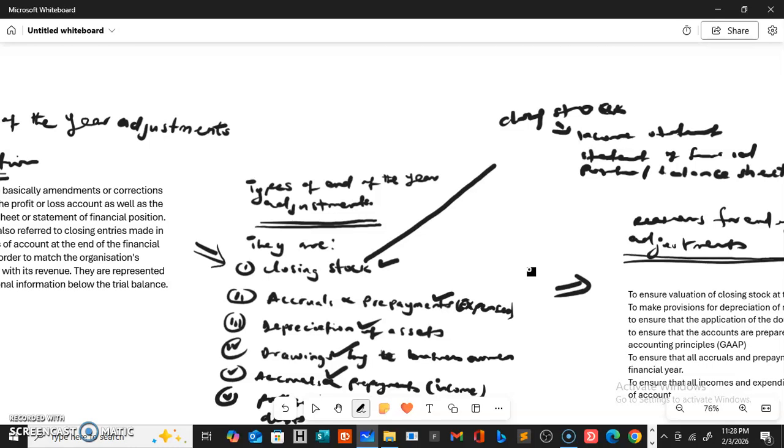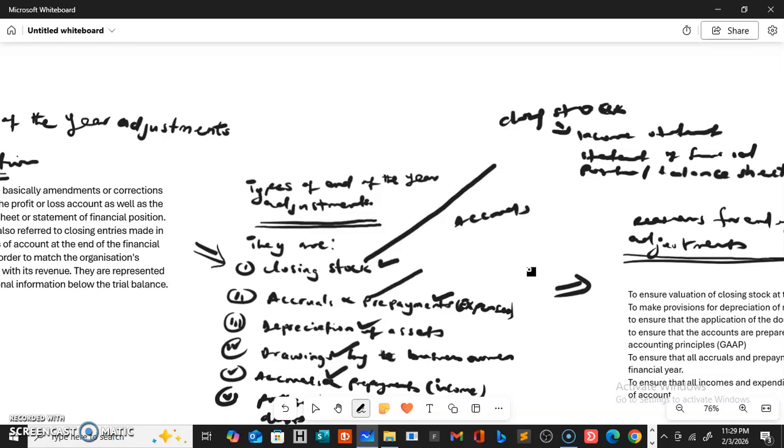So we also have the accruals and prepaid expenses. Accruals are expenses owing, which means an individual has derived benefits from the expense but has not made any payment.